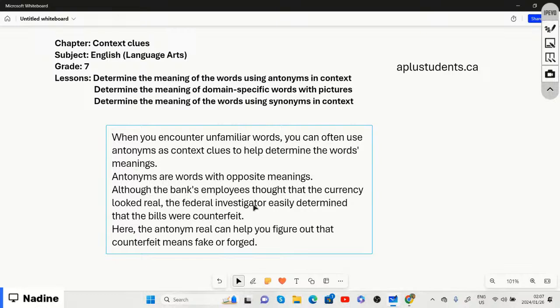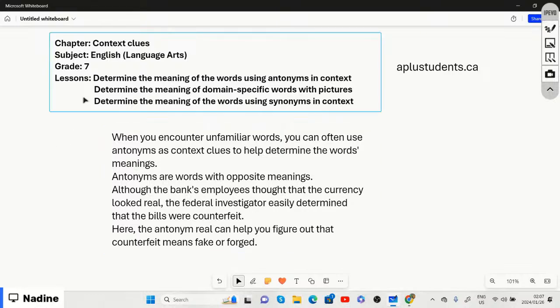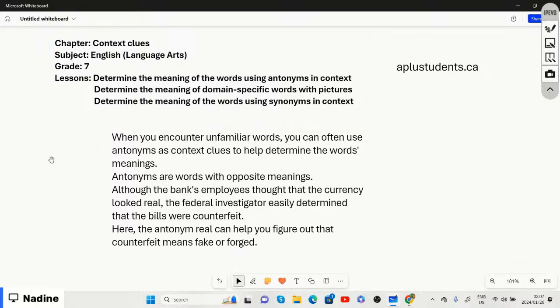All right. So we see that our chapter is context clues, grade 7, and we're going to do a few lessons right under the chapter of context clues. Before we start, we are also doing our tutorial lesson on aplusstudents.ca.